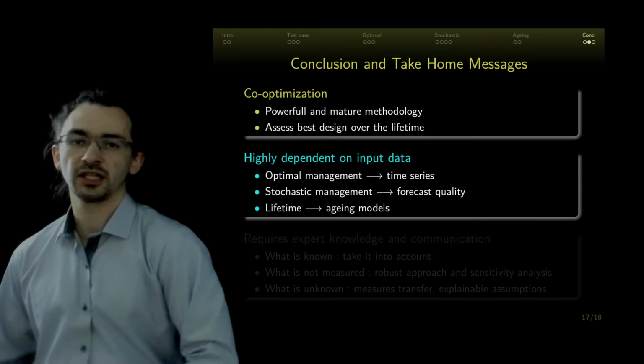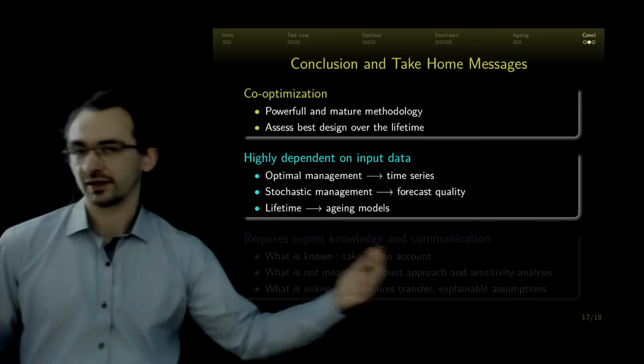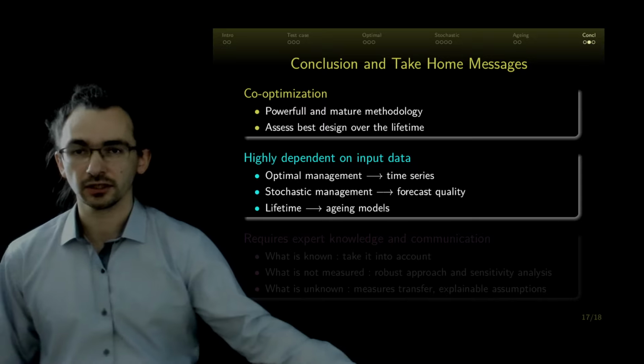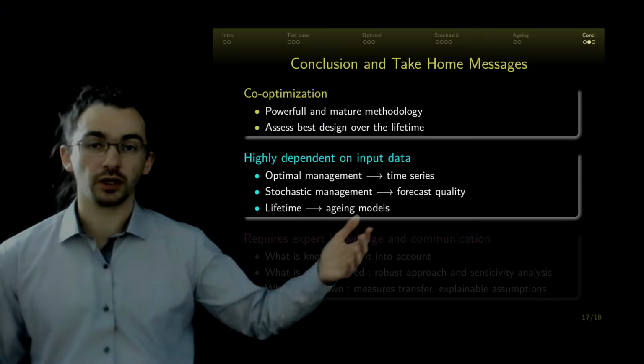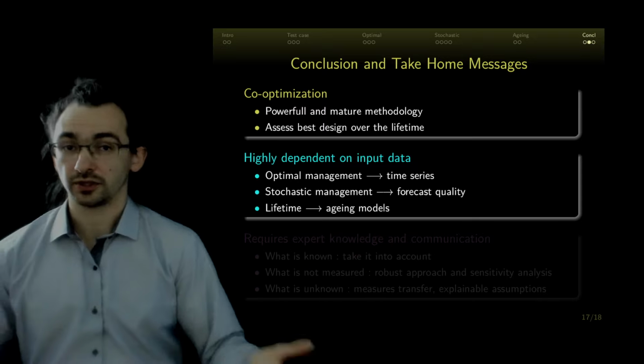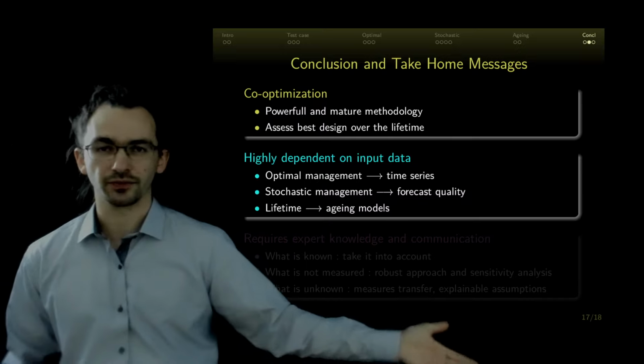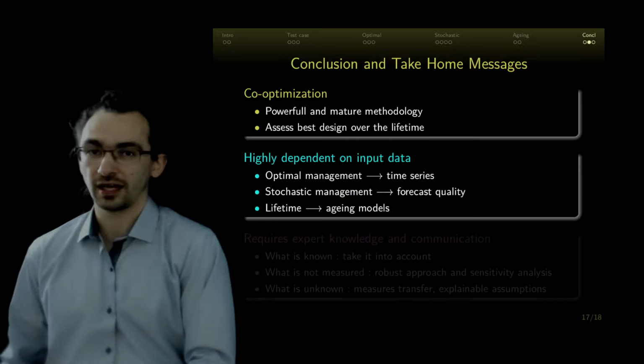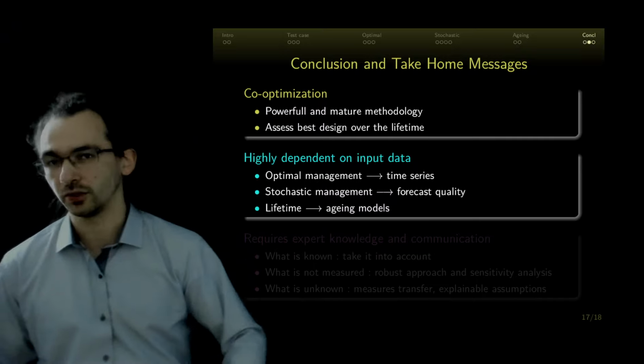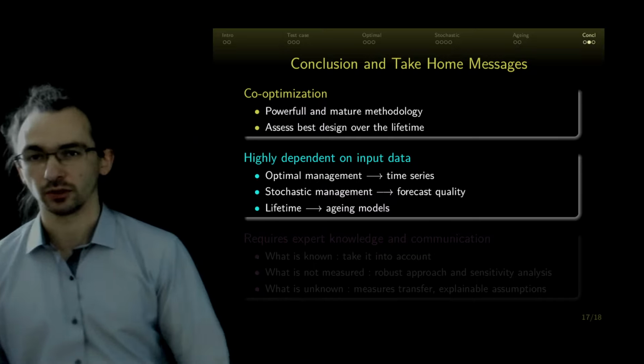So the optimal management will call for what time series you are simulating on. The stochastic management will require the forecast that you will be using during the lifetime of your batteries, and of course the lifetime is not a fixed value but a consequence of an aging model.